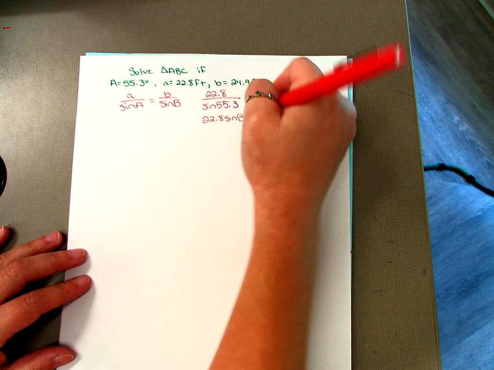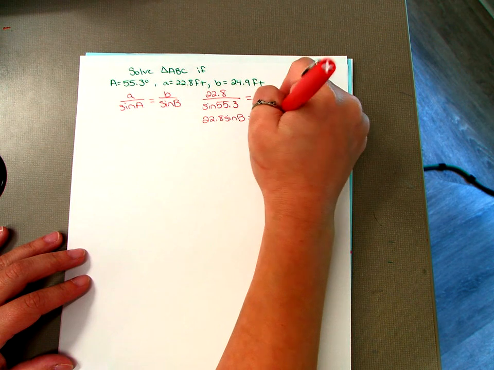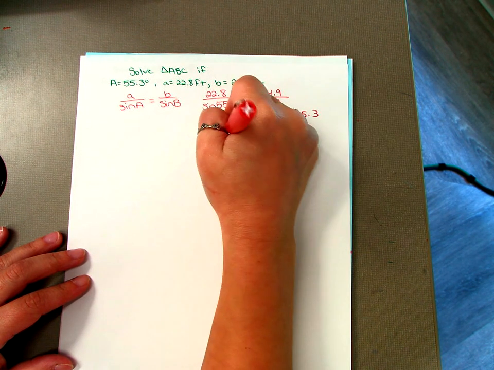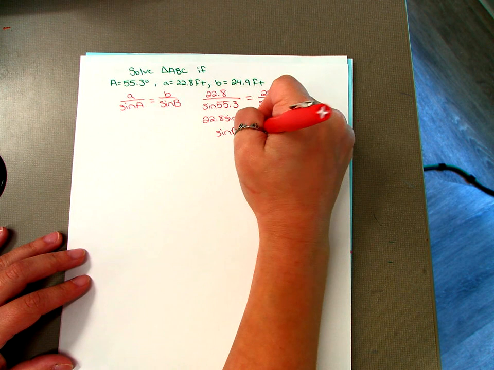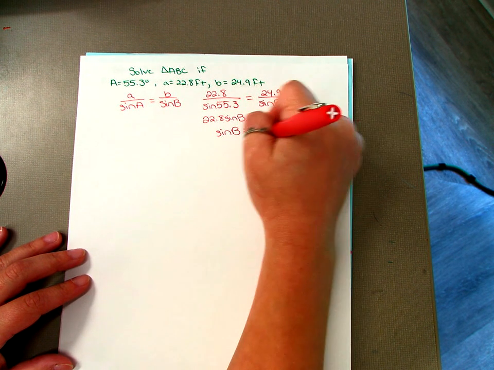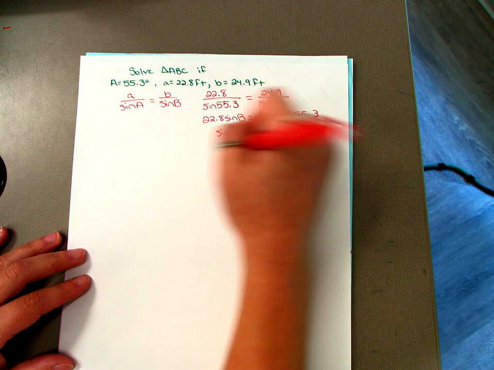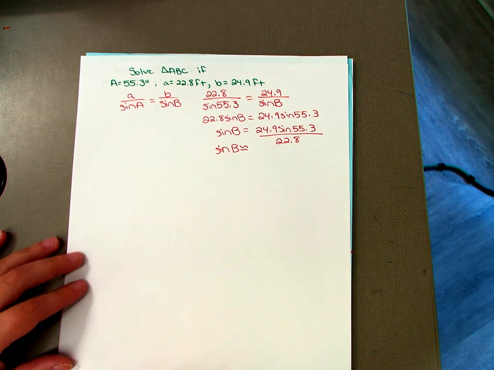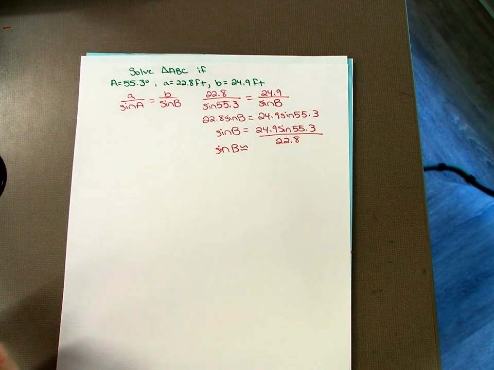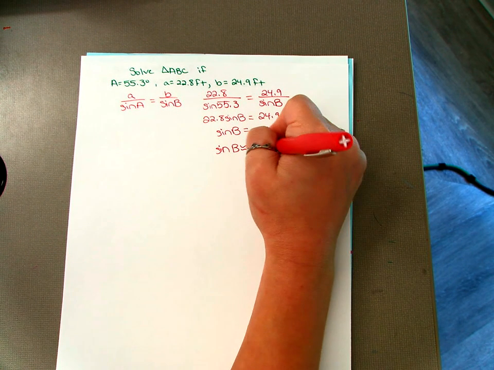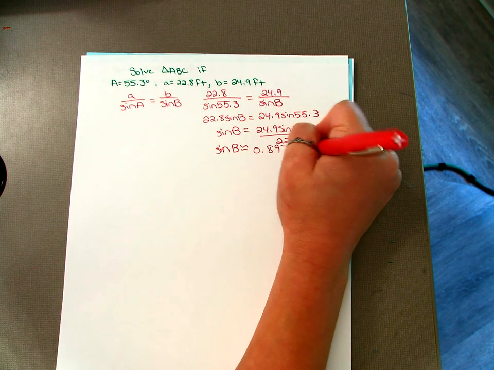Cross multiply. Divide by the 22.8. And we get that sine B is 0.897868.